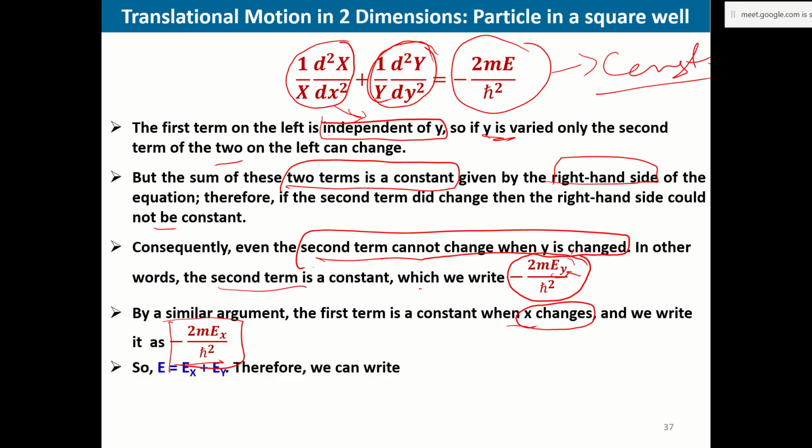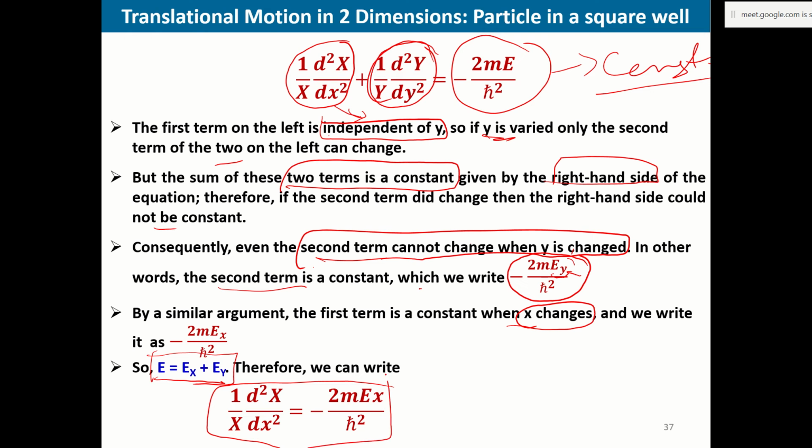So the whole idea comes out to be that the total energy E on the right hand side is equal to the summation of Ex plus Ey, and so we can write the first term as being equal to this, the second term.